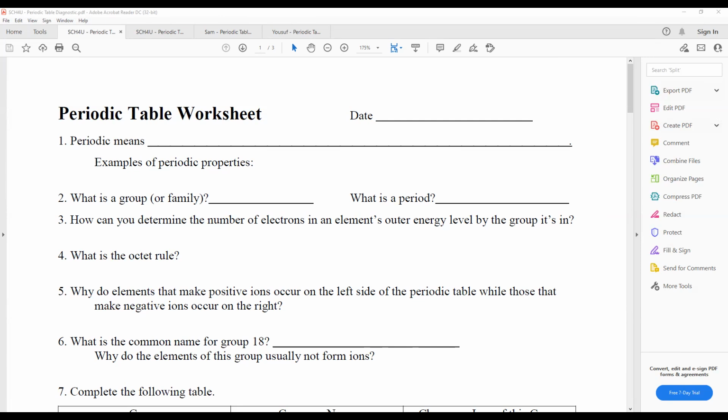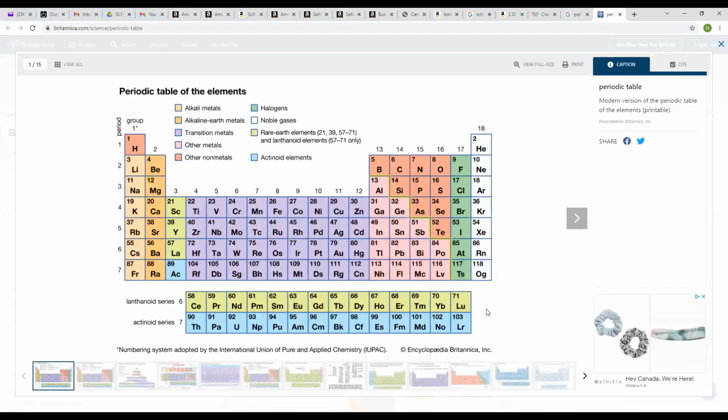Okay, so I'm going to change the share to show you the periodic table. Can everybody see the periodic table? Great. So the groups or families here on this periodic table are labeled.